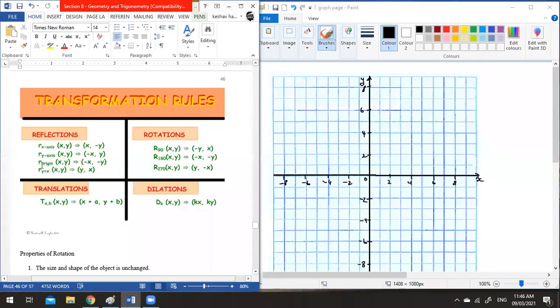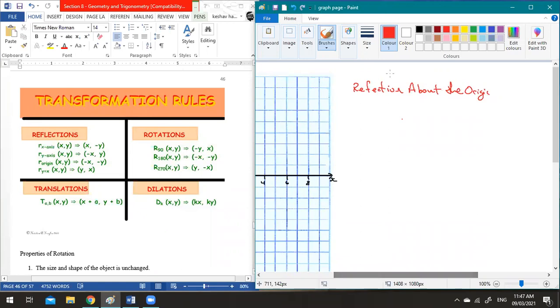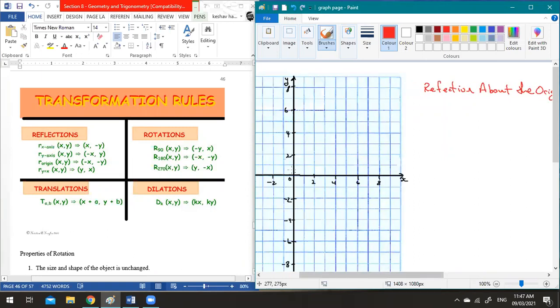So the last one is a reflection around the origin, right? And the origin is 0, 0. For those of you who don't know, the center here is the origin.